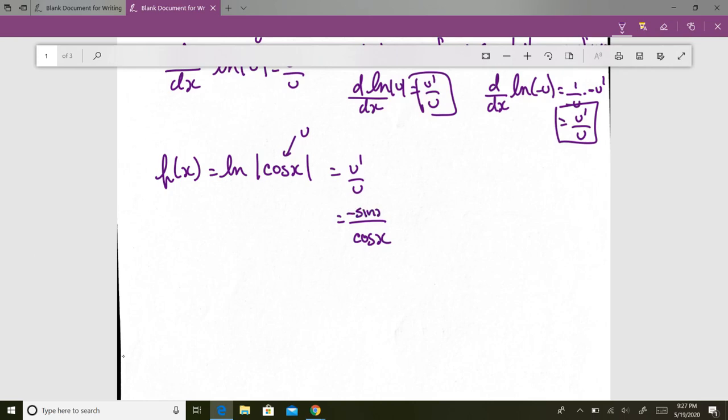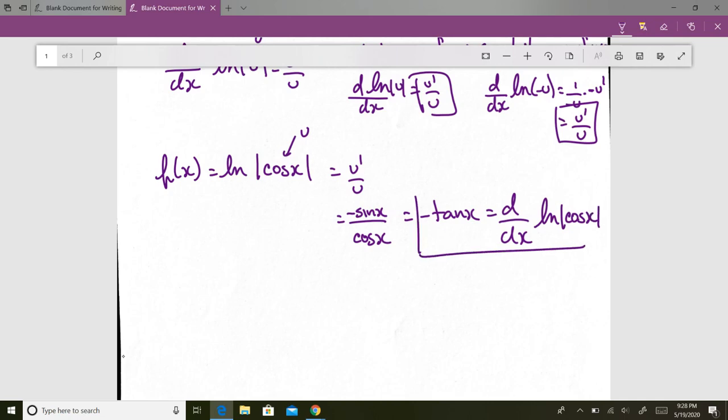Negative sine of x. Sine x over cos x is tan x. There's a negative there, so it's equal to negative tan x. And that is the derivative of natural log absolute value of cos x. Okay? So it doesn't matter if there's an absolute value. It is still u prime over u.